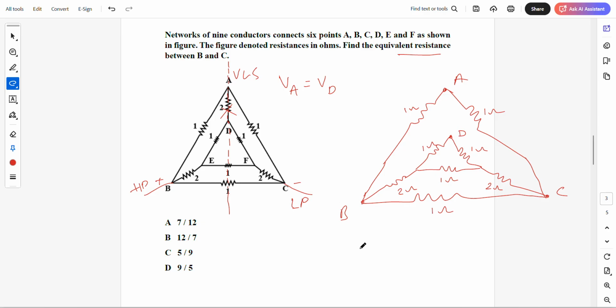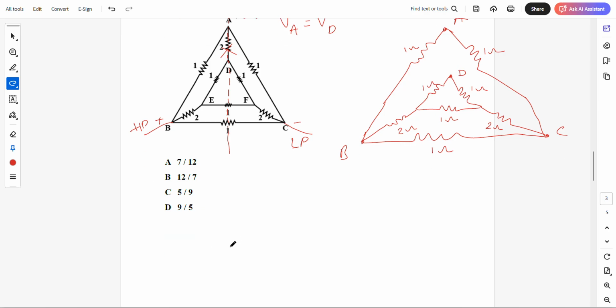Now I will write like this. Just see here. First let us simplify. Between B and C we are calculating, this is B and this is C. Be careful. How many ohms? 1 ohm is here.